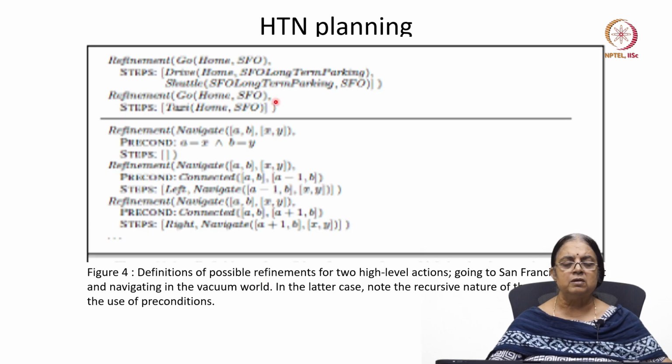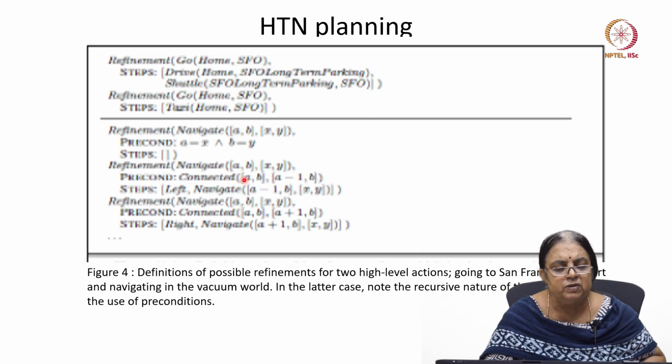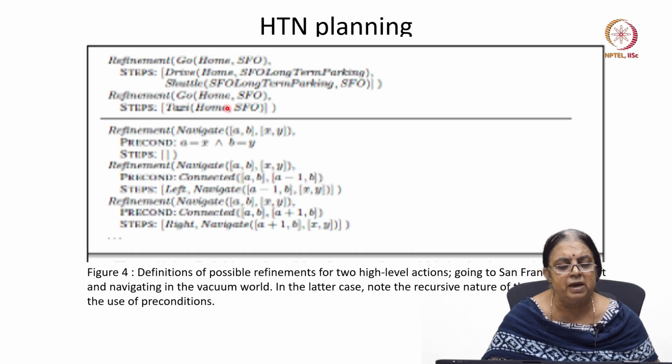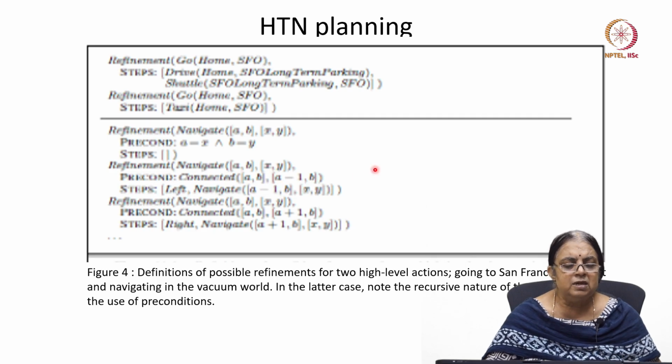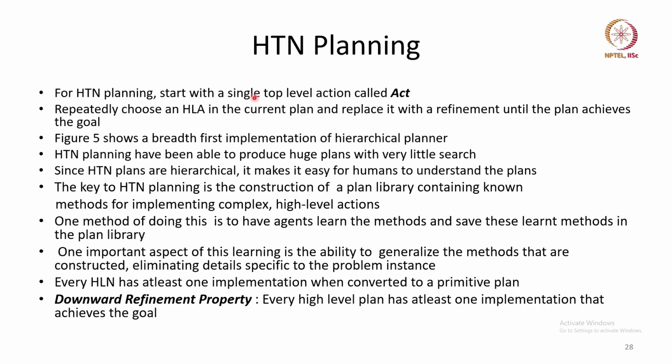So if we look at HTN planning, first you just get a plan, and once you get a plan, you need to see. For HTN planning, you start with the top level action or a plan. You have a top level plan and you keep going through that, and at every iteration you find one action which is a high level action and replace it by its refinement.